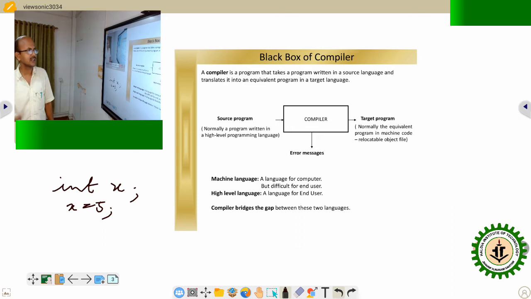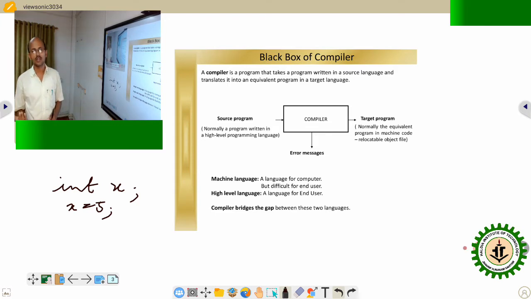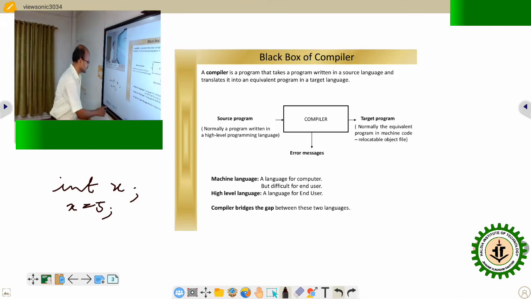It is the target code. So a compiler basically bridges the gap between the high level language and the machine level language. The main purpose of using the compiler is that the computer cannot understand the high level language, so we need to transform it. This one only.